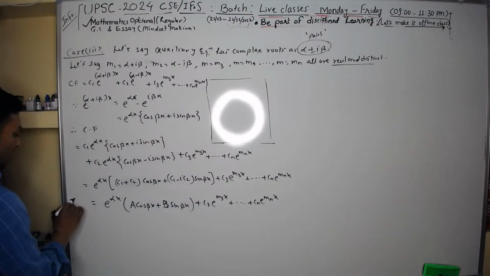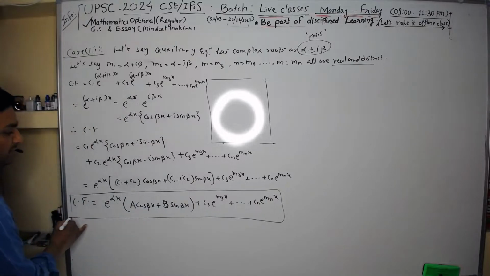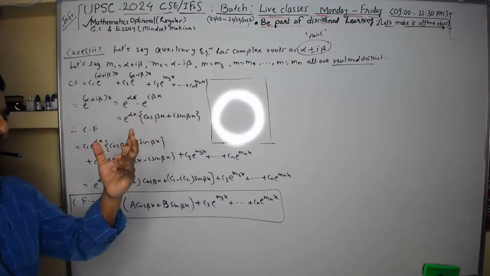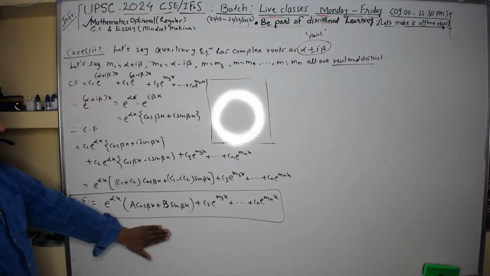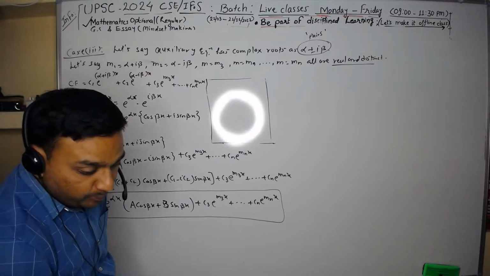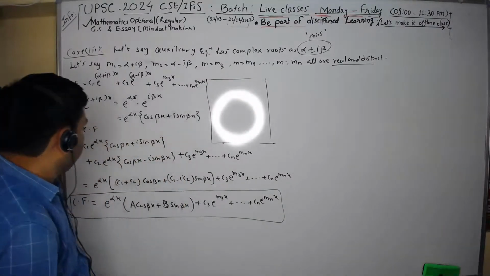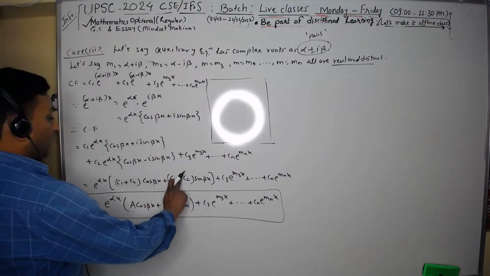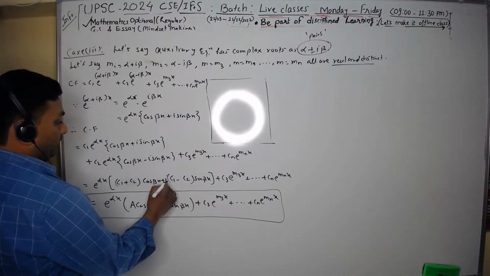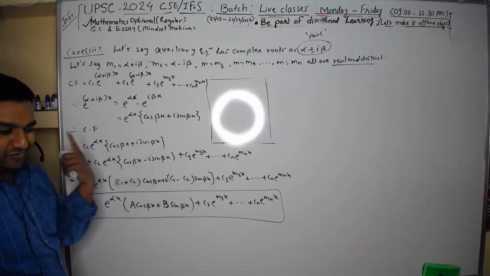Am I clear to you all? Please do remember this. Now the real game will start. Please go down till here. C1 iota should be there. I took iota outside, sorry. Okay, C1 has iota with it, C2 has iota with it.